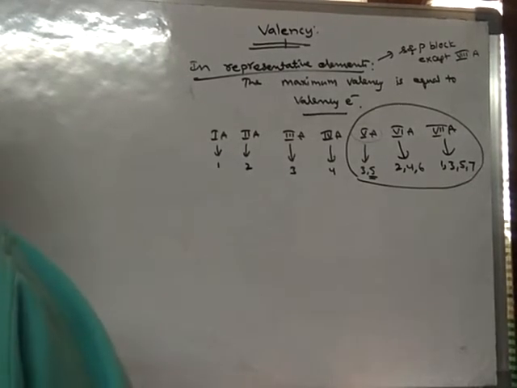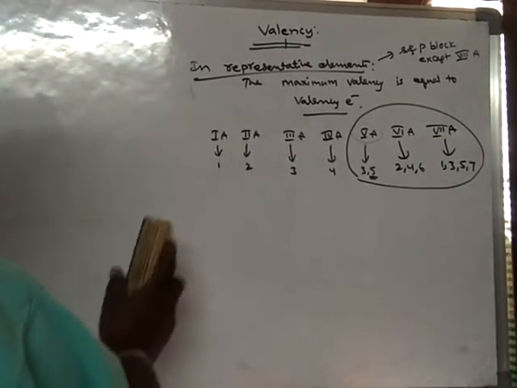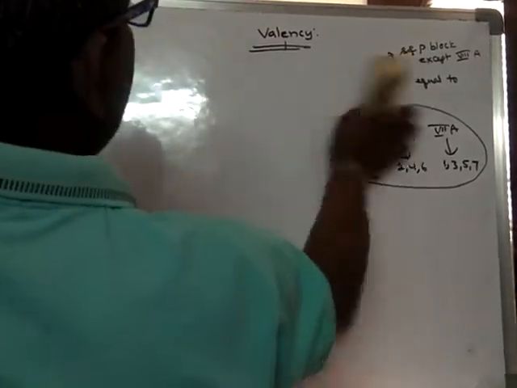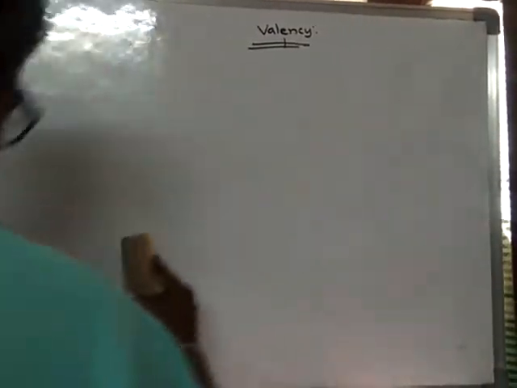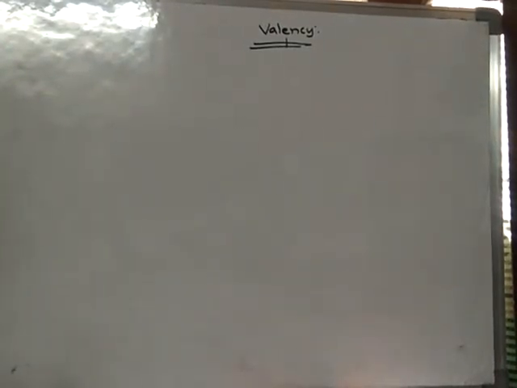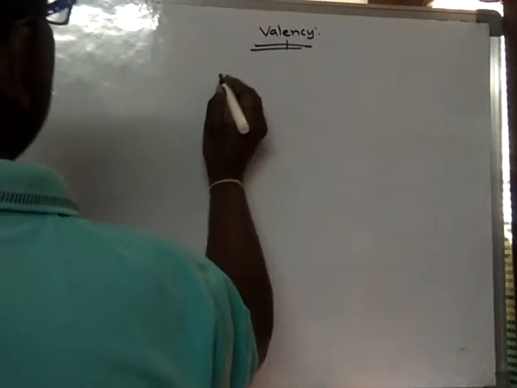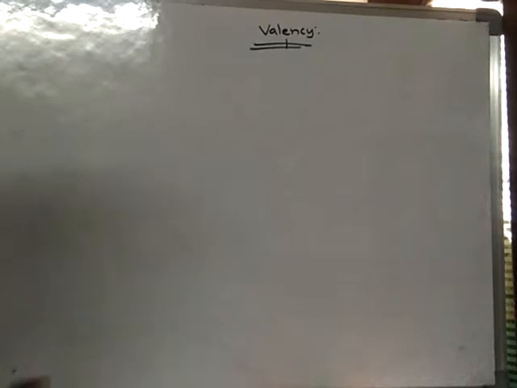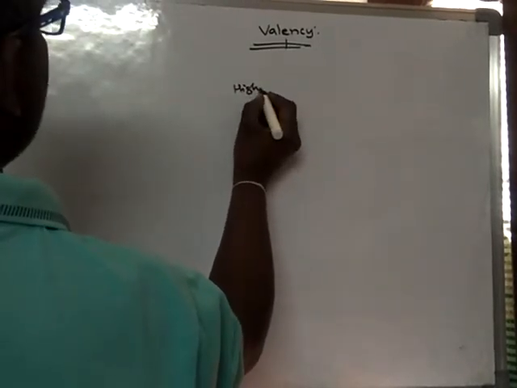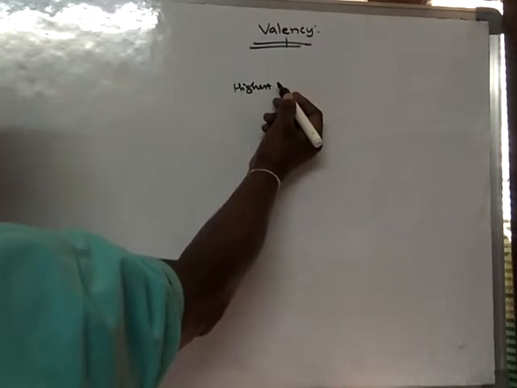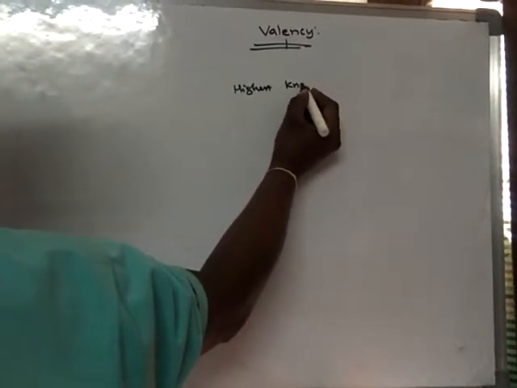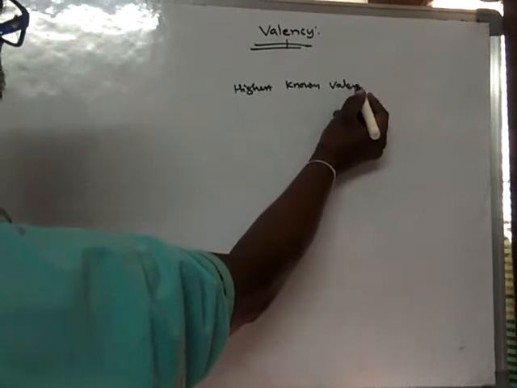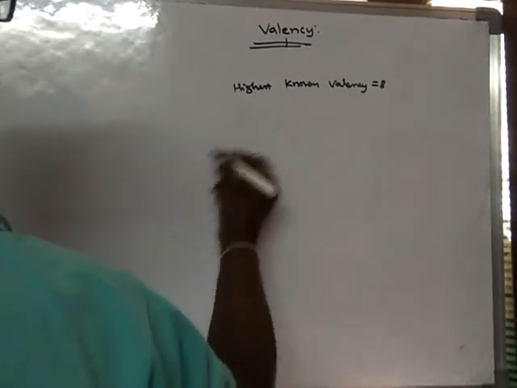Okay. So highest valency. The highest valency shown is 8. So the maximum valency that elements can exhibit is 8 only. No element will show a valency more than 8. So the highest known valency is equal to 8.